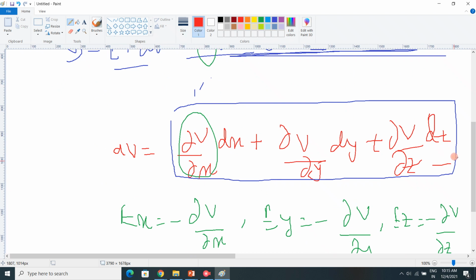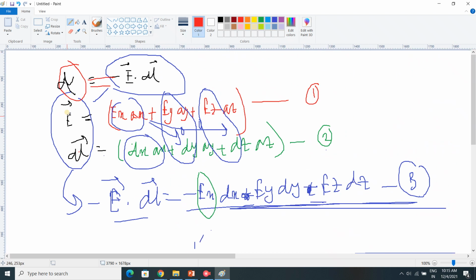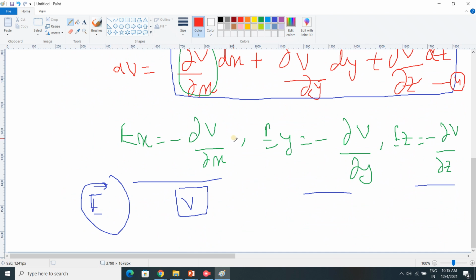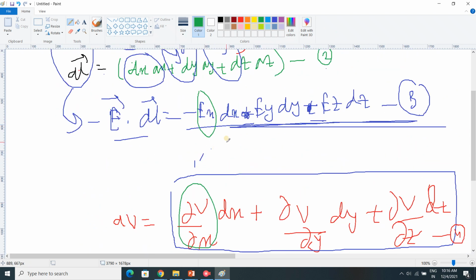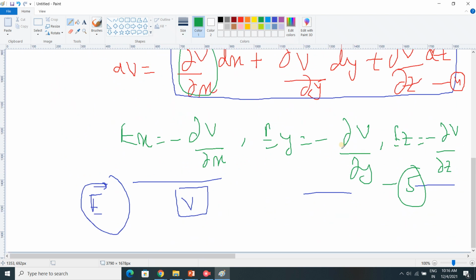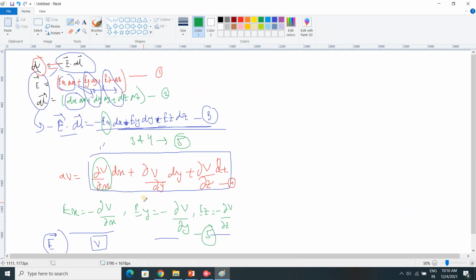Now equation number 4 is the expression of the LHS, because RHS is this. LHS is dV. Then we have equation number 5, which compares equation number 3 and 4.